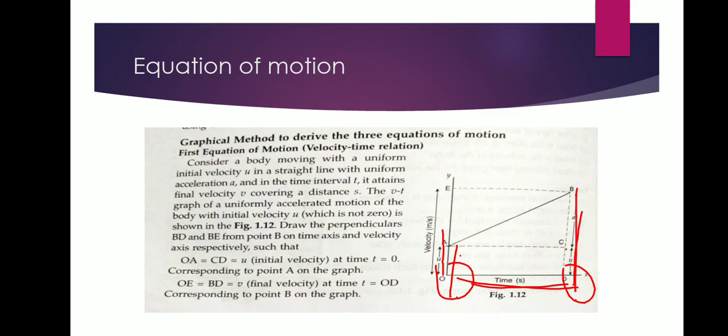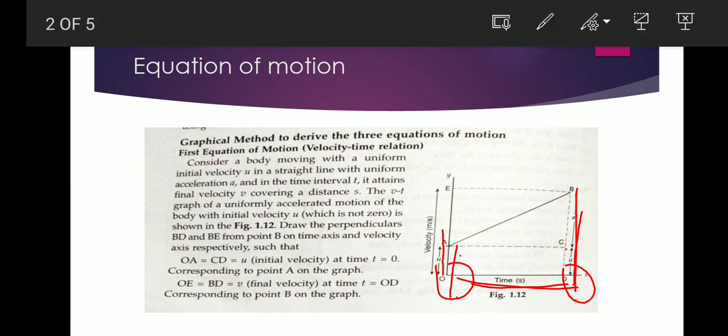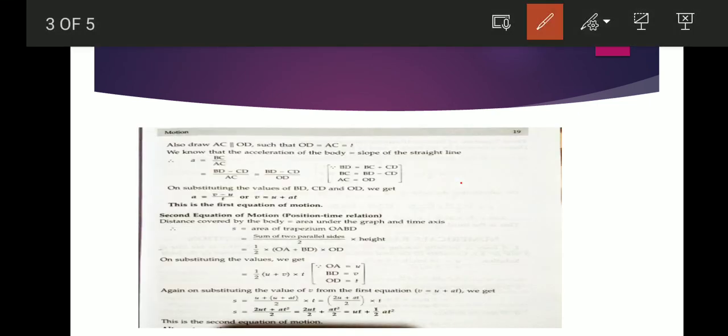Now, your homework. In your homework, you have to write down all these: the first equation of motion, the second equation of motion, including this diagram and this statement. Here you have to write all these statements and the diagram also, and the first and second equations of motion.